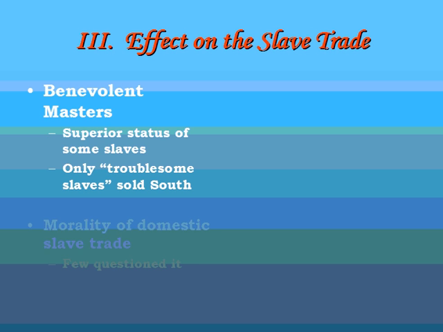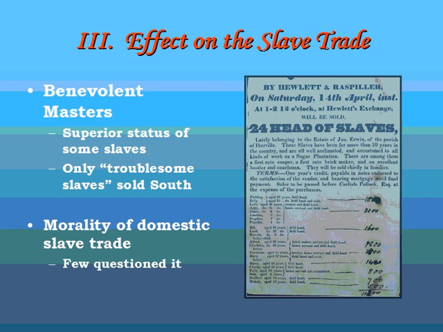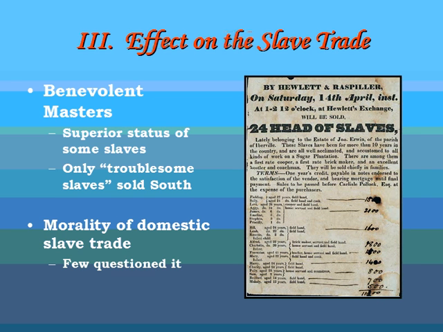In terms of white masters, some masters in the Upper South are going to see themselves as benevolent masters. What that means is they see themselves as being kind to their slaves. Some slaves in the Upper South do have a superior status, and a lot of these so-called benevolent masters claim that they're only going to sell the troublemakers down to the Deep South.